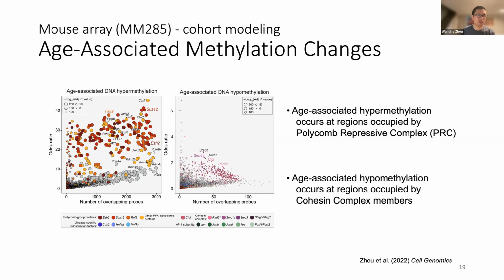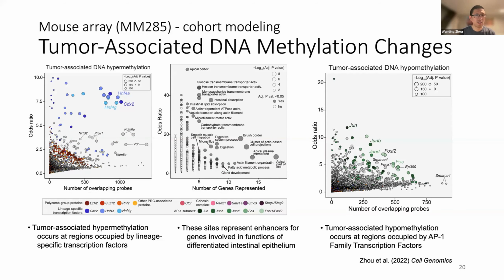And then zooming into the actual binding sites of these age-associated hypermethylations, you can see that it goes primarily to polycomb binding, such as SUZ12 and EZH2, and the hypomethylation, on the other hand, goes to the binding of the cohesin complex members, potentially indicating alterations in 3D conformation as the mouse ages. And on the other hand, the cancer-associated methylation gains go to binding sites of transcription factors that are master regulators of the corresponding tissue.